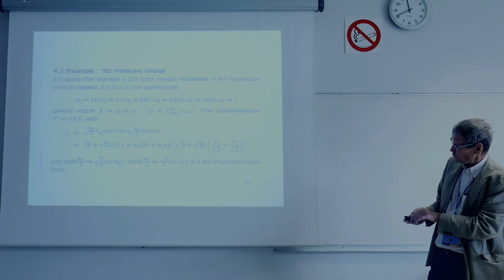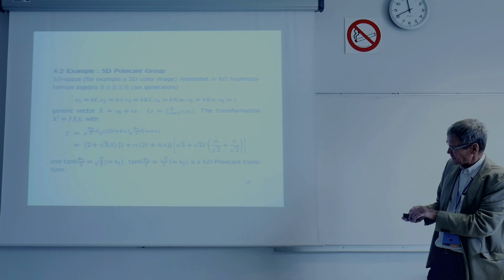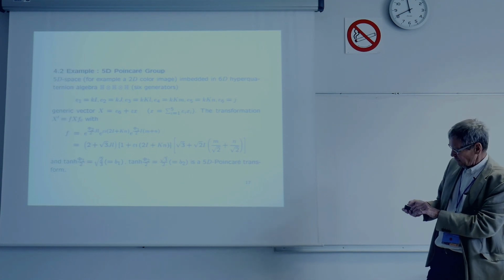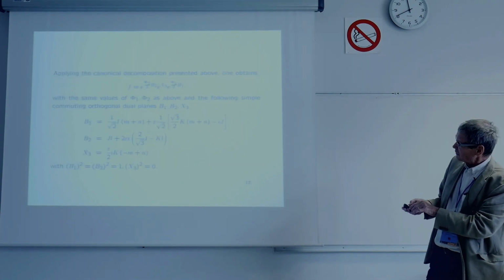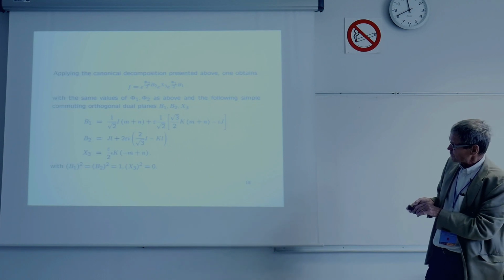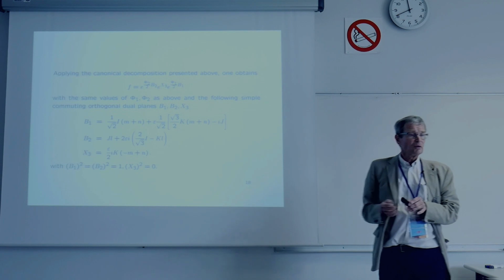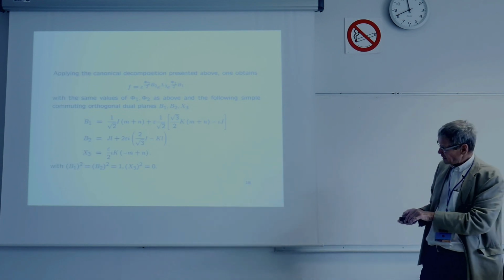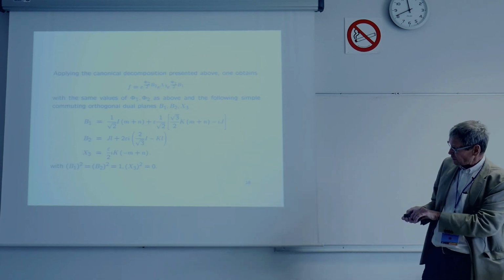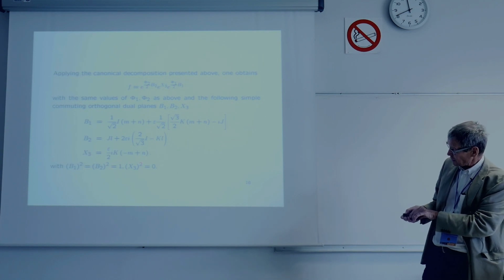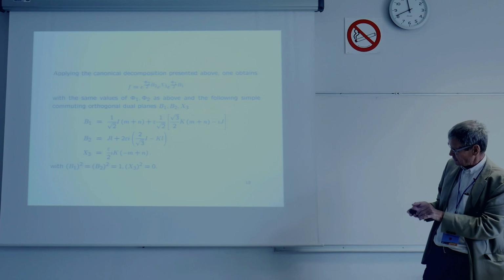We combine rotations and translations, then we apply the canonical decomposition, and we find immediately the different planes. We have planes with b squared equal to 1, and also planes where the square is equal to 0.